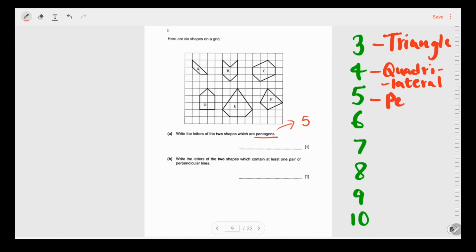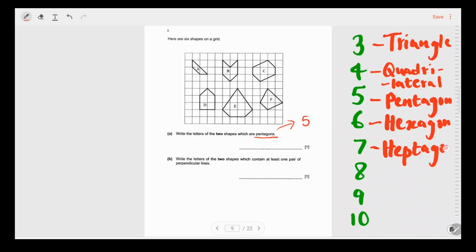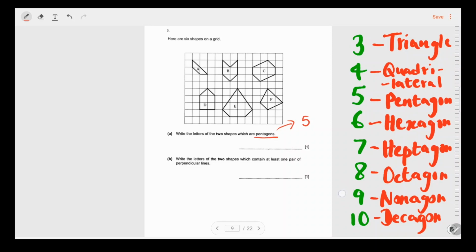And this is a pentagon, a hexagon, heptagon, octagon, a nonagon, and a decagon. So these two are asked less, but all of the others you are expected to know the names very well.